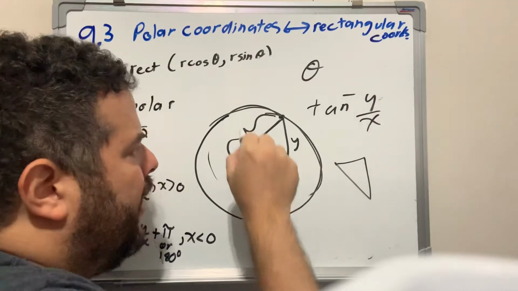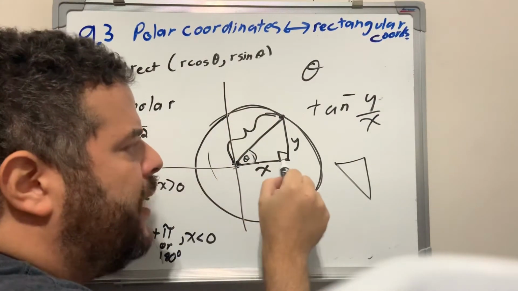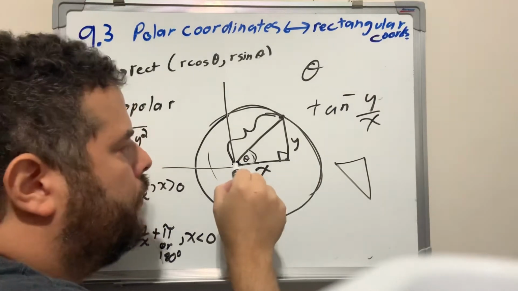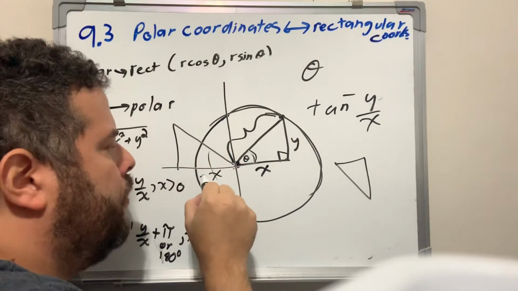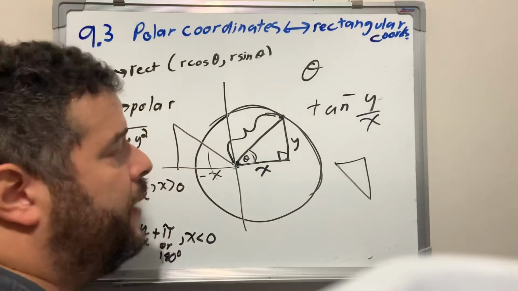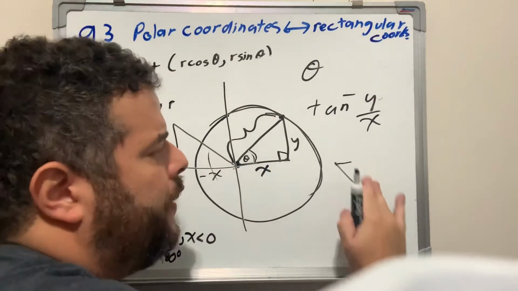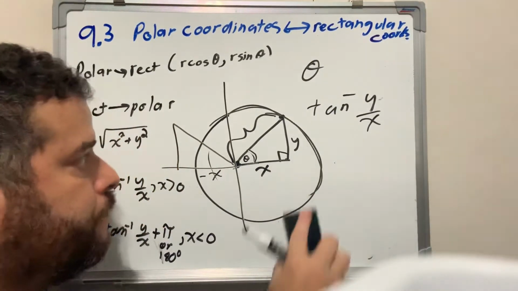Right now, if this were an axis, my x would be a positive value. But if I were this way, my x could be negative, or any combination. So what's going to happen here? And this only matters with the x.